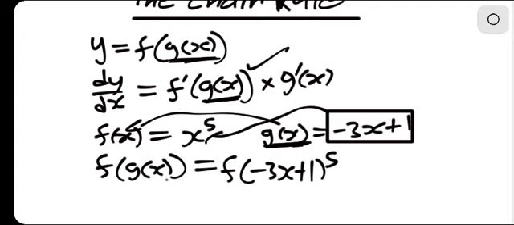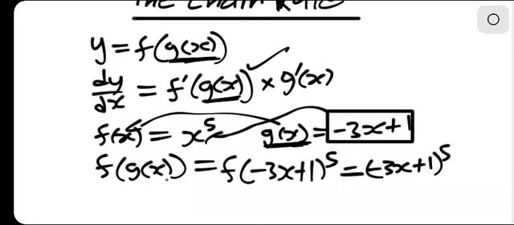Now you take the derivative of the whole of this. In actual fact, this is the same as negative 3x plus 1 raised to the power of 5.